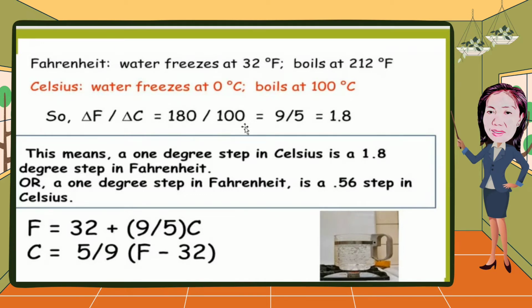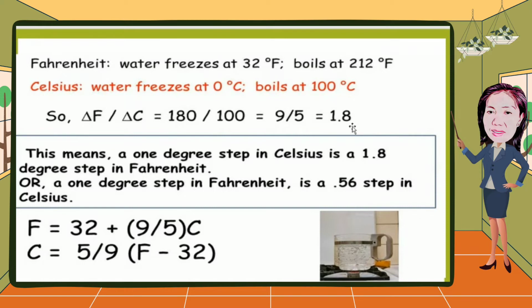So if we're going to get the lowest term of this, we're going to divide it by 20. So 180 divided by 20, you will have 9. 100 divided by 20, you will have 5. That is why in the equation, we have 9 over 5. Okay? And that is 1.8. So what does it mean when we have 9 over 5 or 1.8?